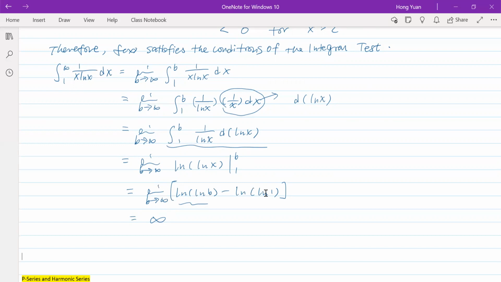So here there's some error, it should be 2.